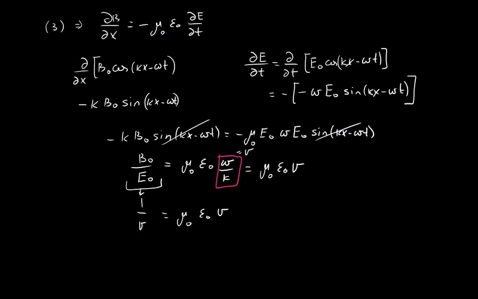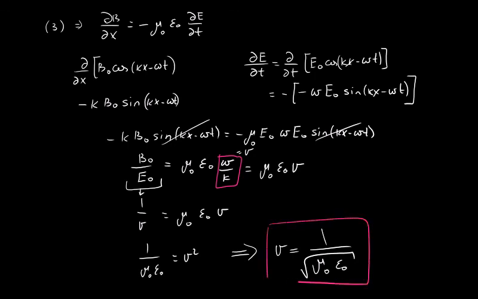So from here I could say 1 over mu naught epsilon naught equals V squared, or V equals 1 over the square root of mu naught epsilon naught. We end up getting the same result. So this is the second way of finding the speed of the electromagnetic wave.